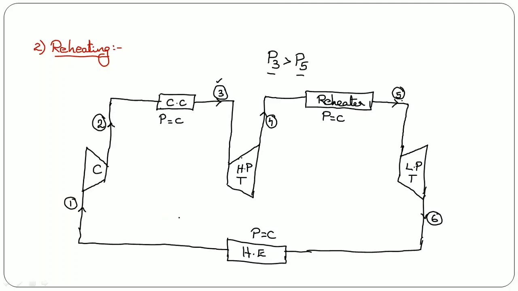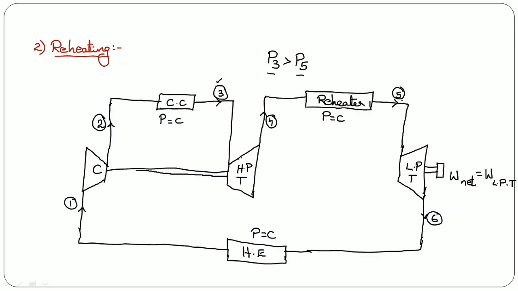Now in this particular reheating concept, whatever is the power that is developed by the low pressure turbine, that power we call as net power. The reason is here, whatever is the work developed by the high pressure turbine, that is completely utilized by the compressor.